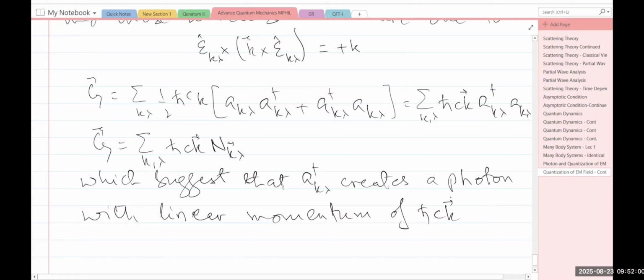And there is also a zero point energy term, which we have not written here, as the k and minus k terms cancel out.